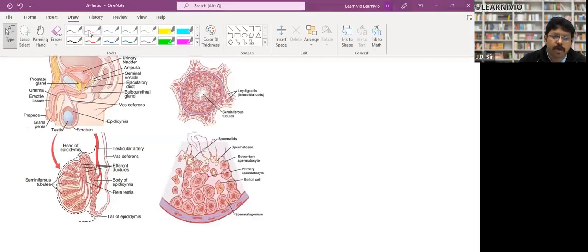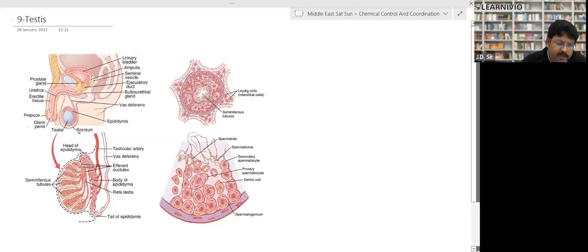The testis is found in the lower part of the body, surrounded by a cover called the scrotum. They are outside the body because their temperature is 2.5 degrees centigrade lower than body temperature. At body temperature sperm formation cannot take place and the sperm will die. That's why they remain outside our body.